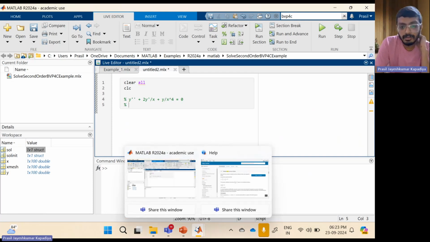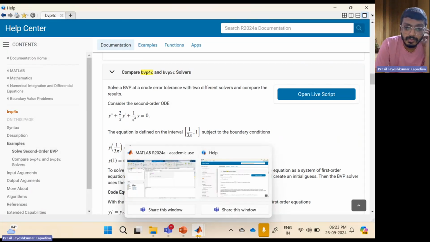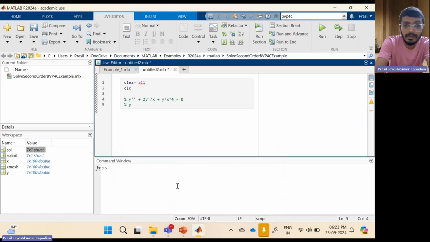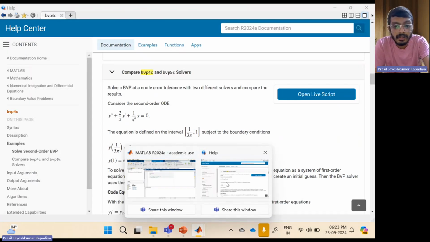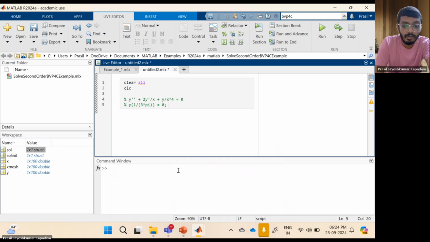Let's write down the boundary conditions. y of 1 divided by 3 into pi is equal to 0, and my second boundary condition is y of 1 is equal to sine of 1.